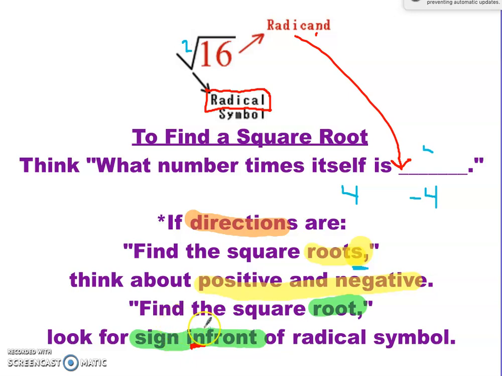If it says find the square root, you have to look for the sign in front of that radical symbol. So if I had a negative here, and it said, what is the square root of this? It would be the negative 4. If there is nothing here, that's going to be just the positive 4 right here. Okay?